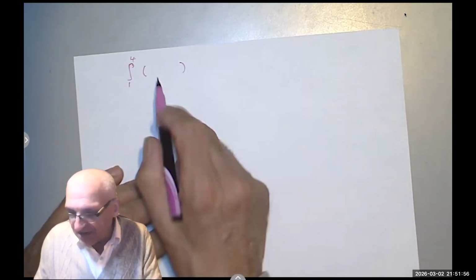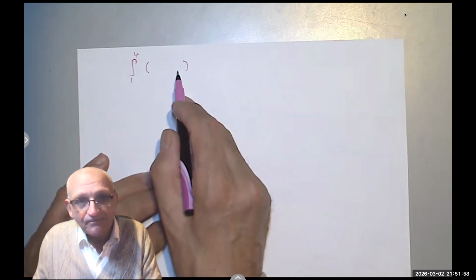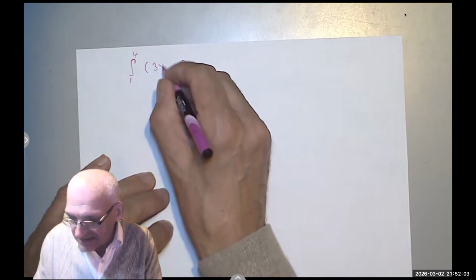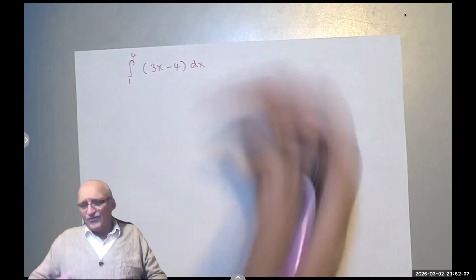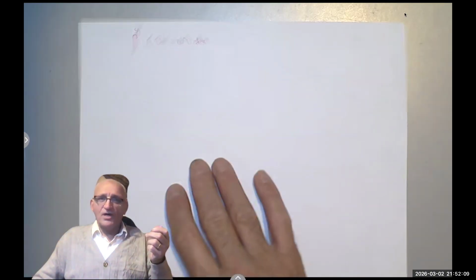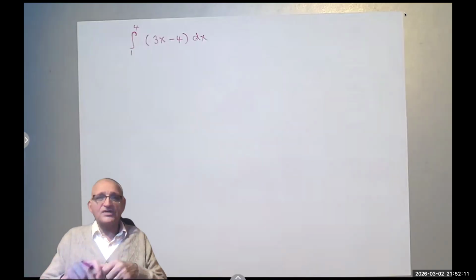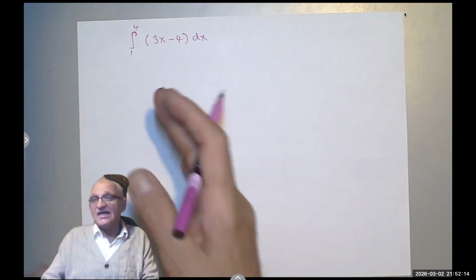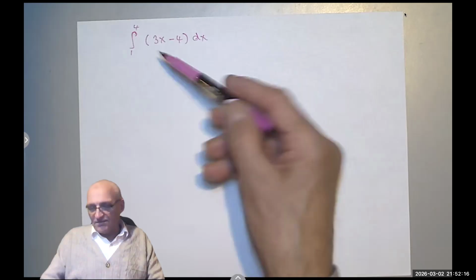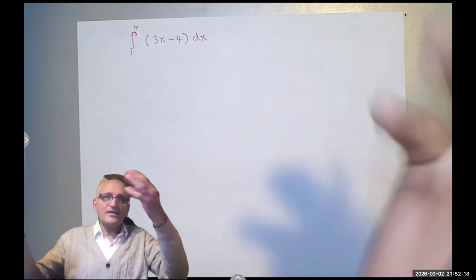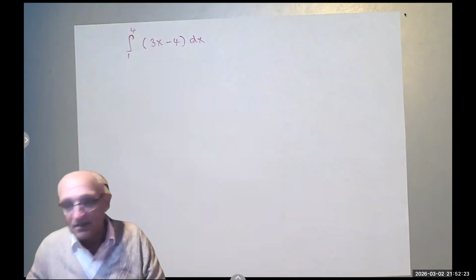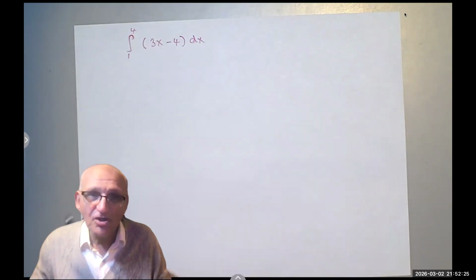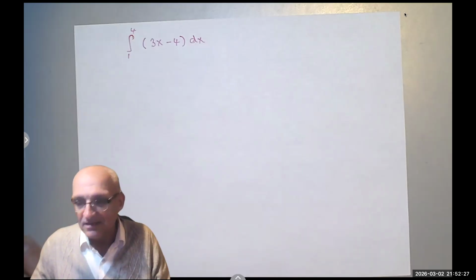So let's have a function of x, let's say 3x minus 4 dx. Of course, pretty much everyone here knows how to integrate that without substitution. So this was a trivial example. You would say 3x minus 4 squared divided by 2, and you divide by 3, which is the multiplier of x.